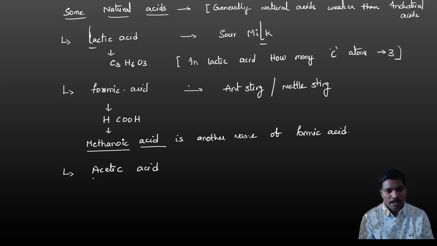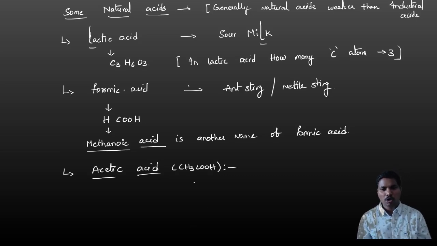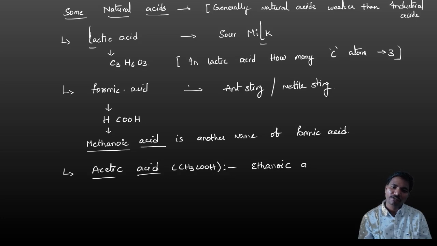Okay, acetic acid. What is the formula of acetic acid? CH3COOH. How many carbon atoms are here? Two carbon atoms, which means eth, and COOH means oic acid. So we can call this ethanoic acid. Very, very important question. Which is also called ethanoic acid, that is acetic acid.